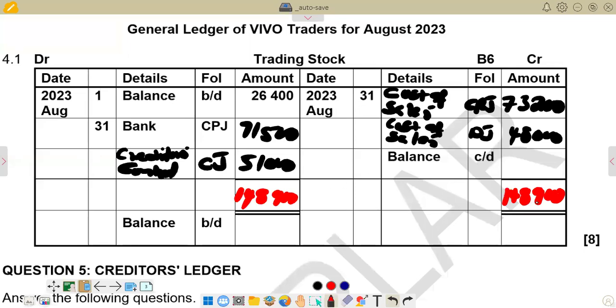So if we say 148,900 minus 121,200, the difference there should be 27,700. And remember, this balance is also supposed to come on the opposite side below the double lines, again as the balance brought down. Then you put again the same figure, 27,700, which is this one. This figure should be the same.